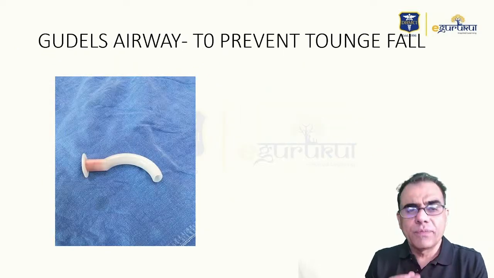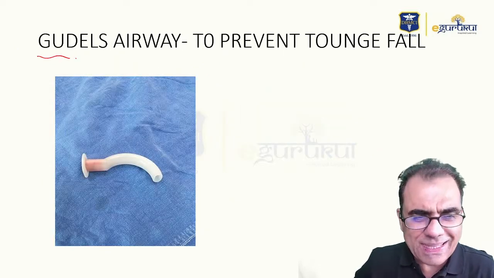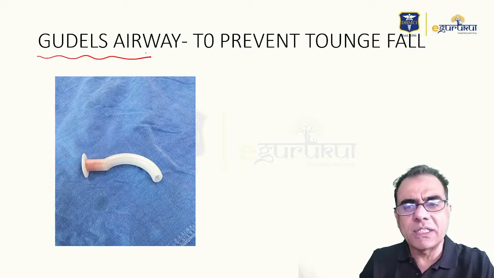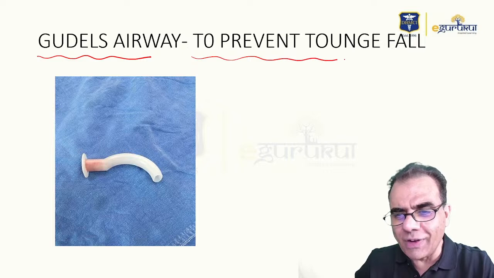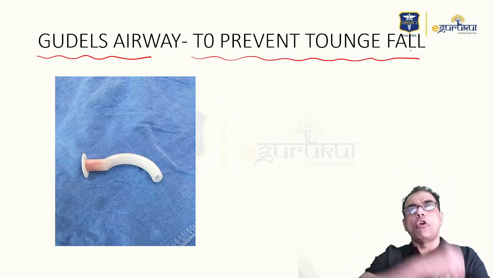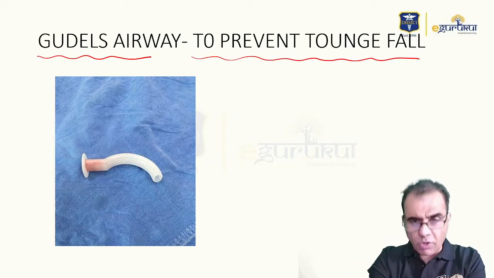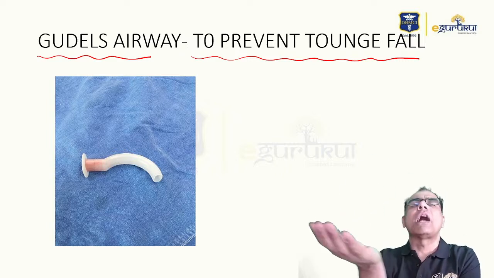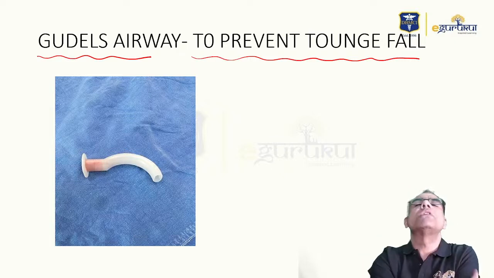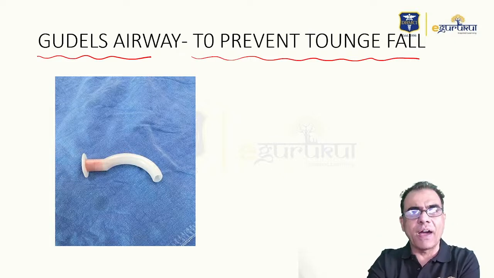Guedel's airway is one of the very important basic airway management devices. It is used to prevent tongue fall, because the most common cause of airway obstruction in an unconscious patient is the tongue falling back on the posterior pharyngeal wall and obstructing the airway.